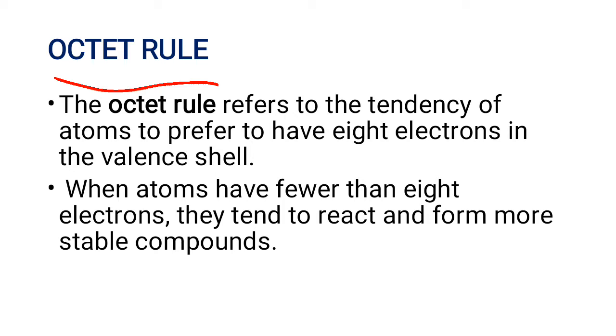The octet rule refers to the tendency of atoms to prefer to have 8 electrons in the valence shell. So this rule is about the tendency or the willingness of atoms to have at least 8 electrons in their outermost shell. The outermost shell is also called the valence shell. And when atoms have fewer than 8 electrons, they tend to react and form stable compounds.